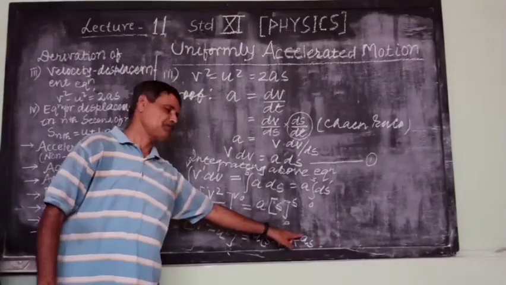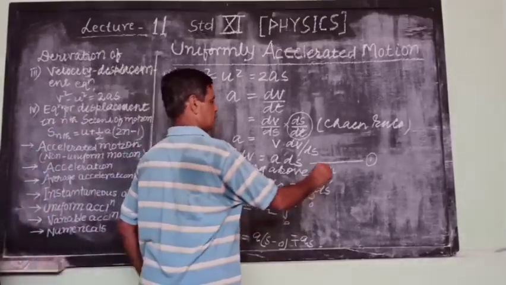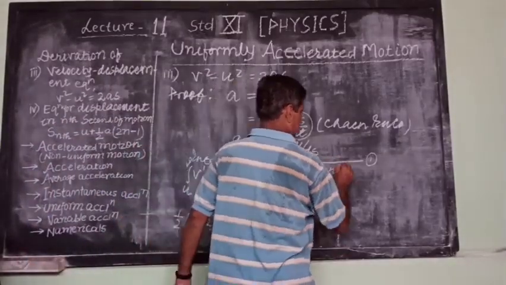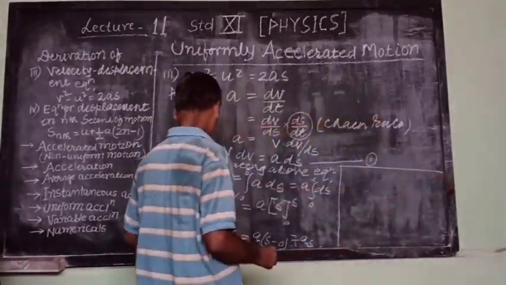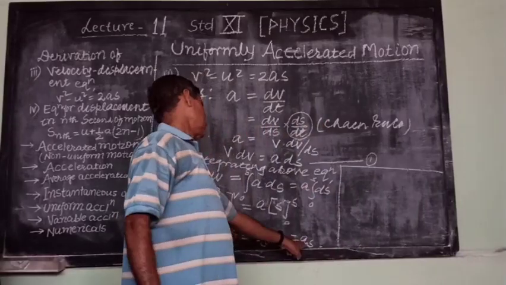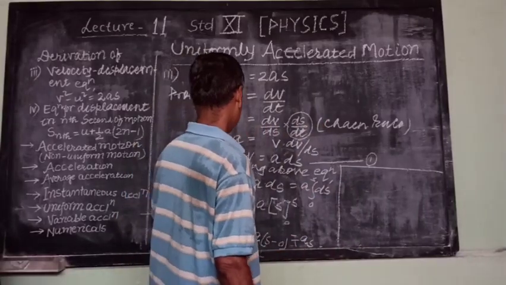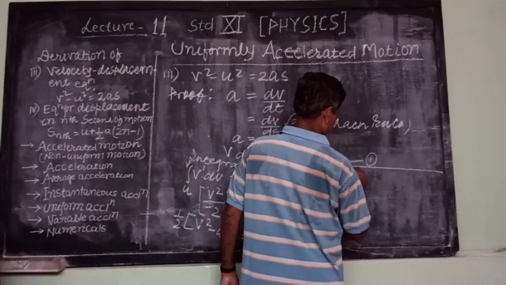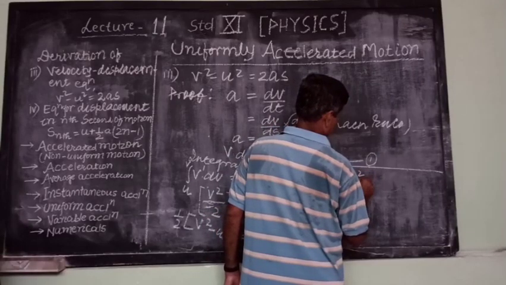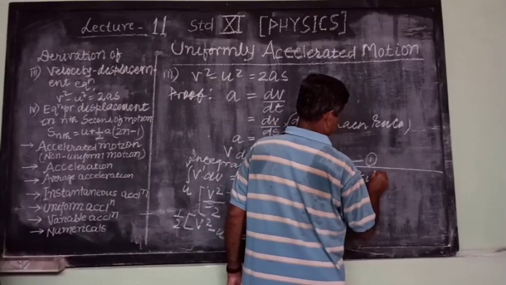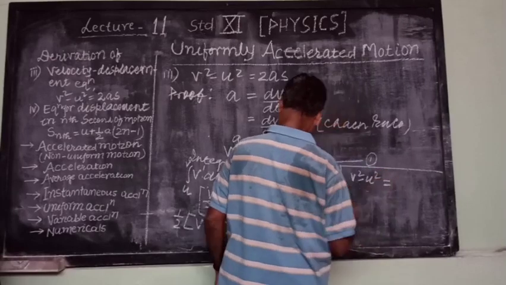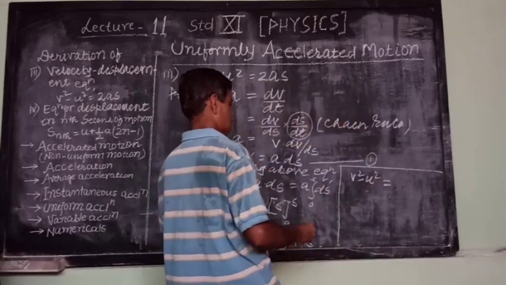By cross multiplication, these two will be multiplied here, so v square minus u square is equal to 2as.